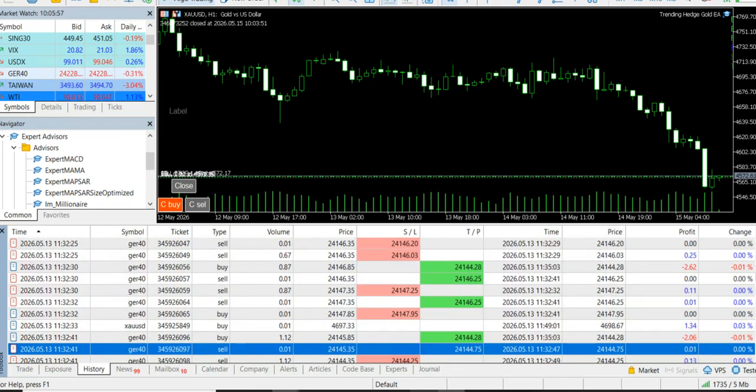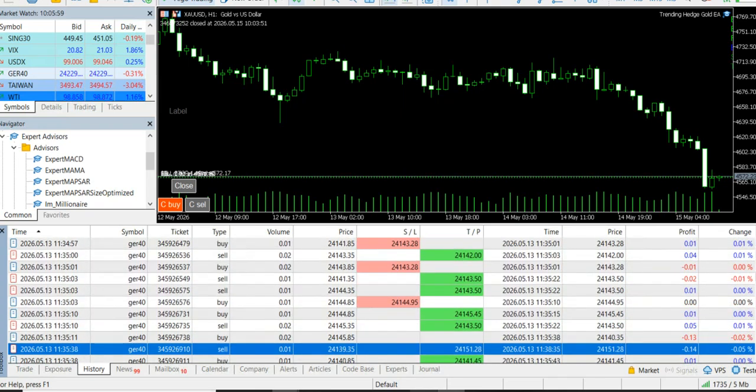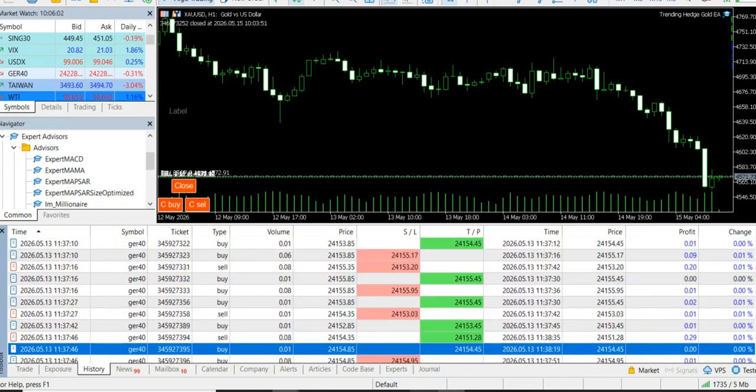The main game starts on the evening of 13th of May.